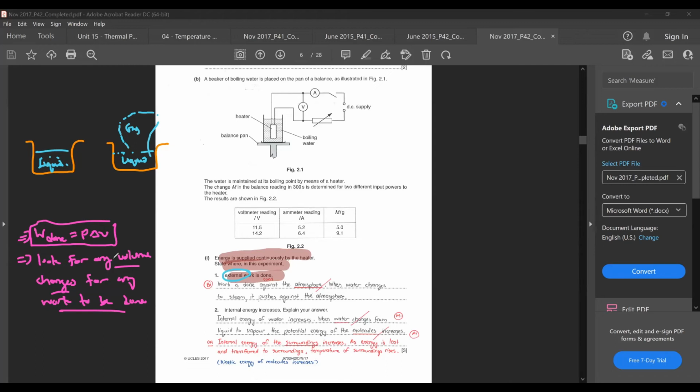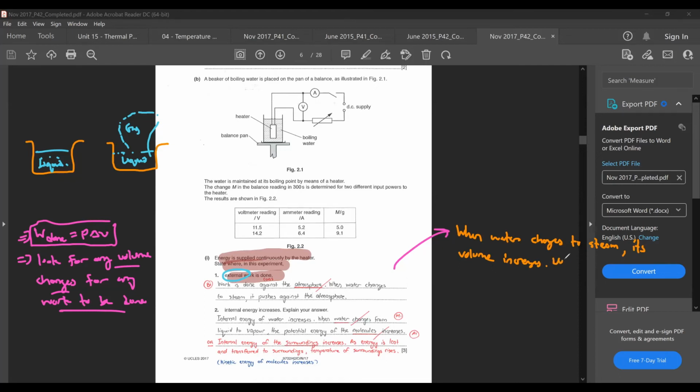Okay, so here you single out the case of the water. The statements here may be a bit different. I'll just write it another way for you. When water changes to steam, its volume increases.